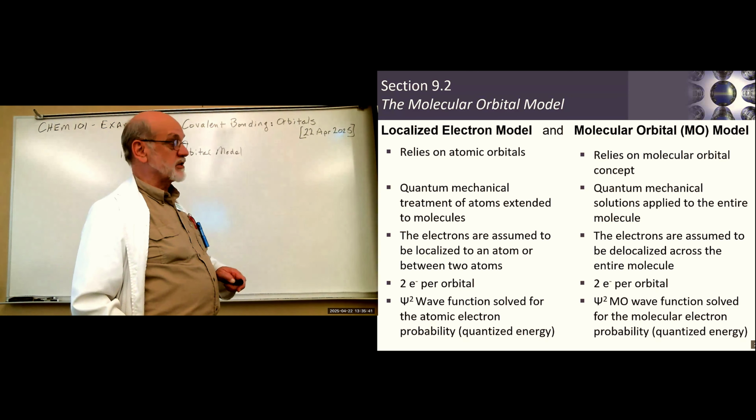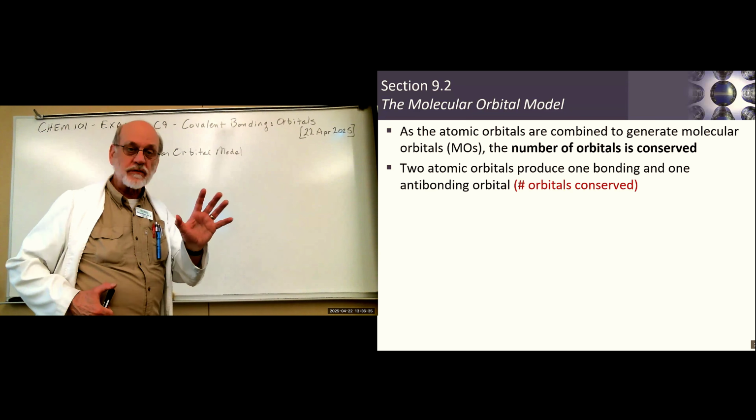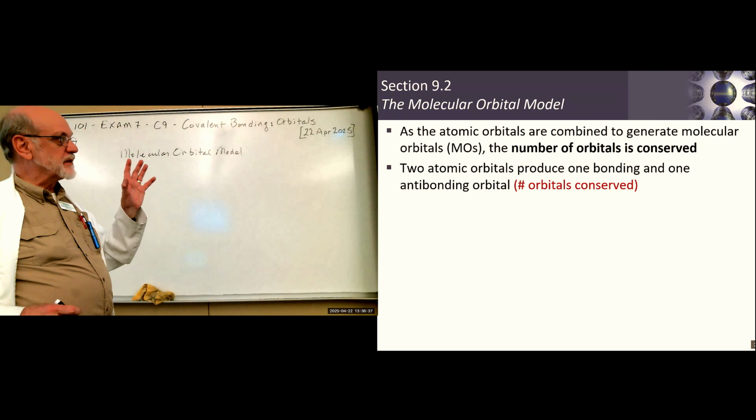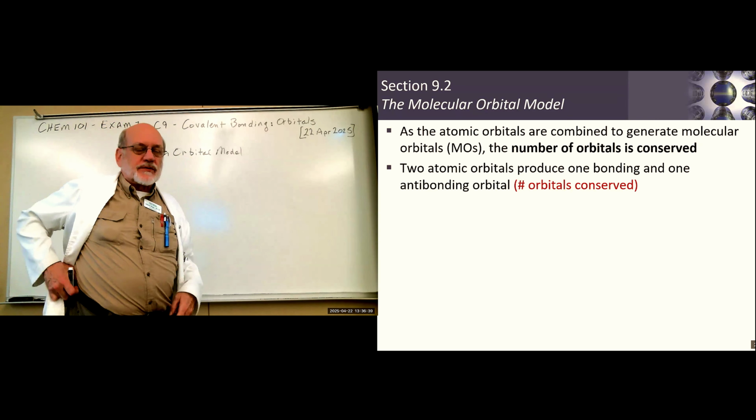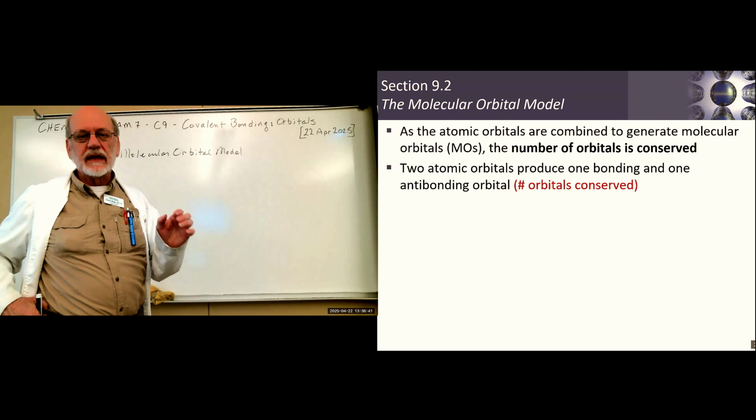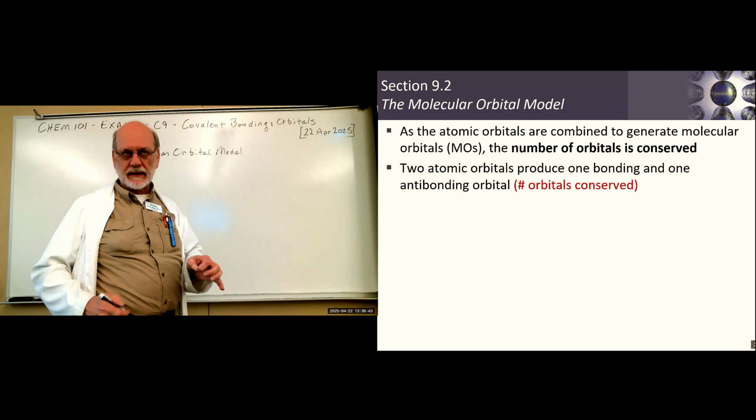So always remember that when the atomic orbitals are combined to generate the molecular orbitals, the number of orbitals is conserved first, and the atomic orbitals disappear. The way we conserve those orbitals is that we create two types of orbitals. One is bonding, one is anti-bonding.